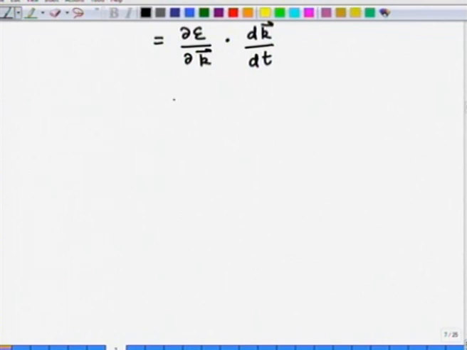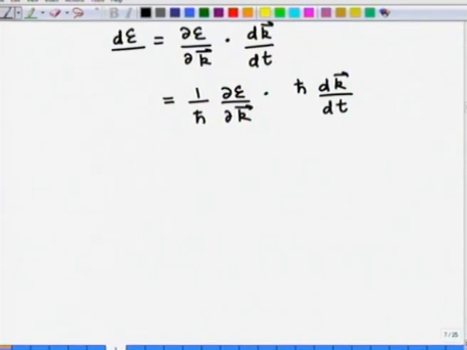So, I can write this quantity as follows. Now, if I further introduce this 1 over h bar, del E/del k, and dot product with h bar dk/dt, and remember this quantity is equal to dE/dt, which is v dot F.